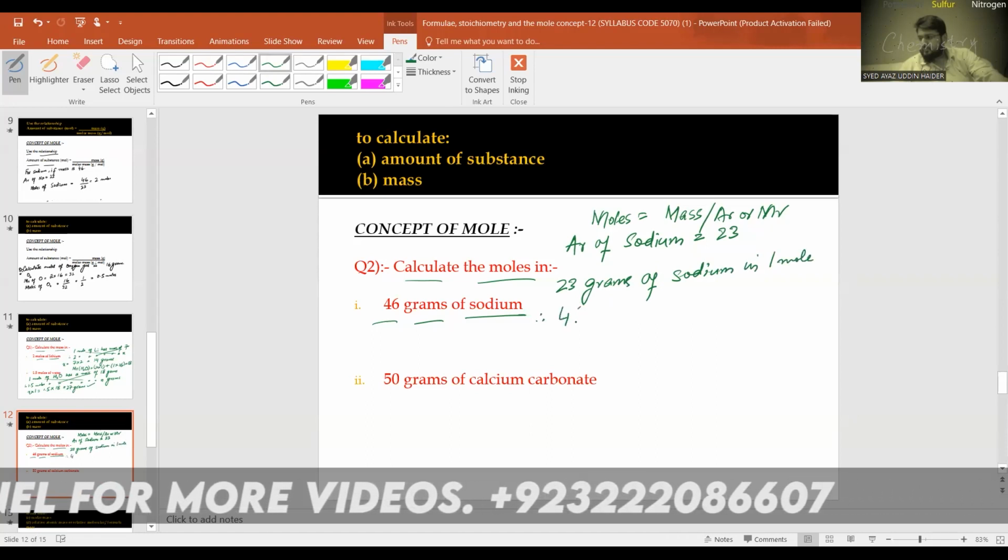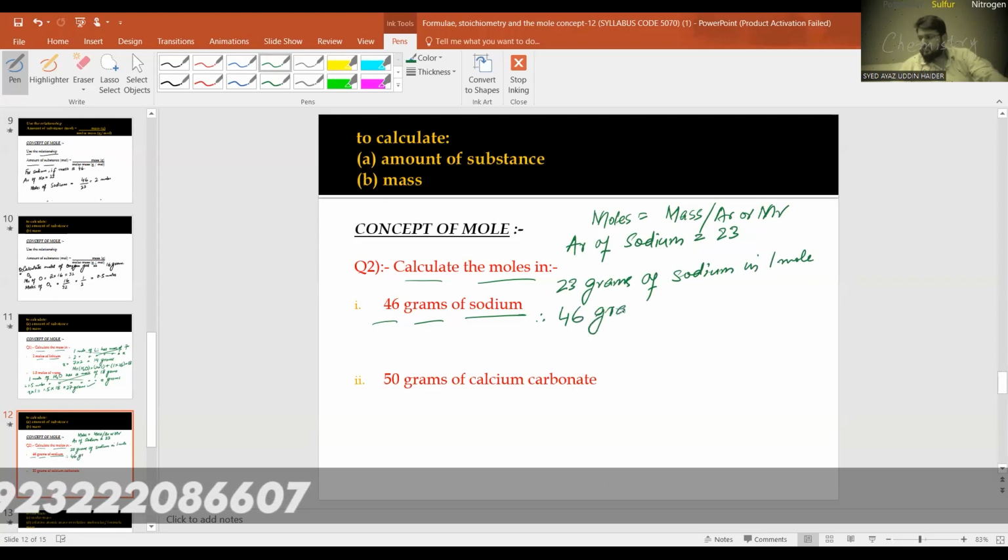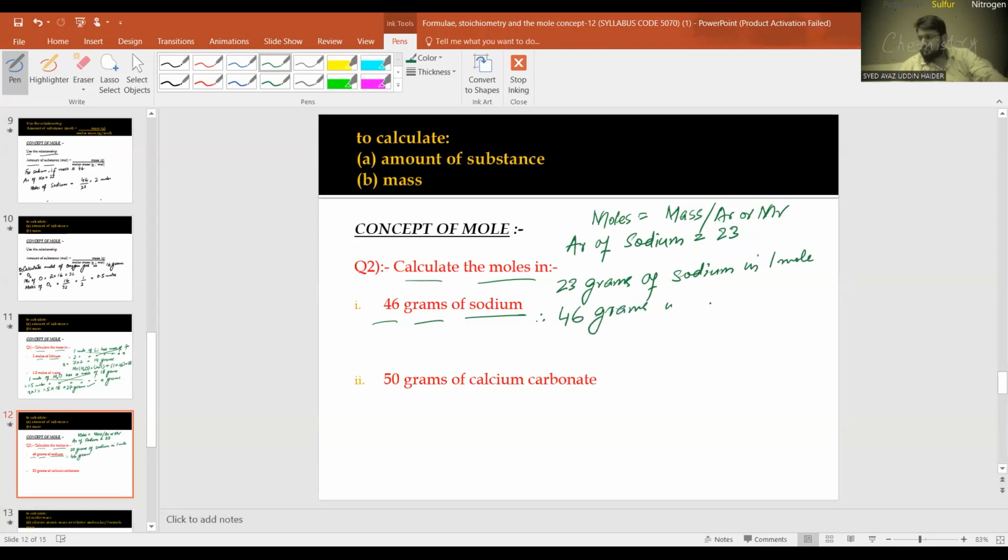Therefore, 46 grams of sodium in X mole. So we'll get 23 into X is equal to 1 multiplied by 46, or X is equal to 46 divided by 23. We will get 2 moles.